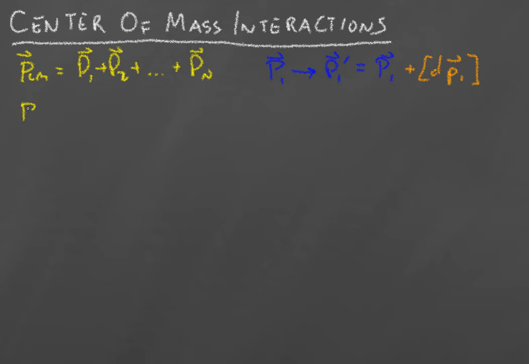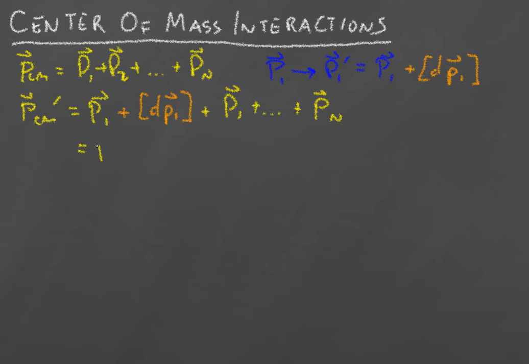Well, now, as we can expect, our center of mass is going to have a new momentum, which is equal to the initial momentum of the first particle plus the impulse. And if none of the other particles had their momentum changed, then those just remain the same.